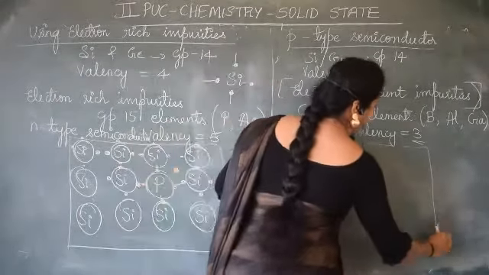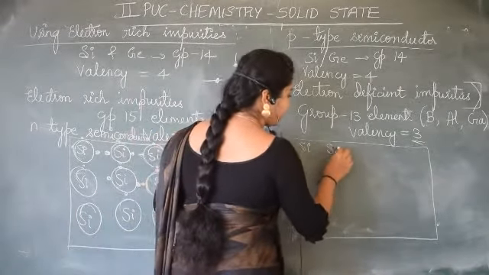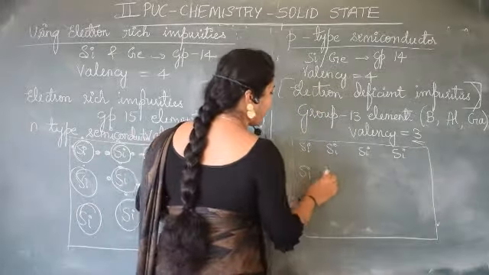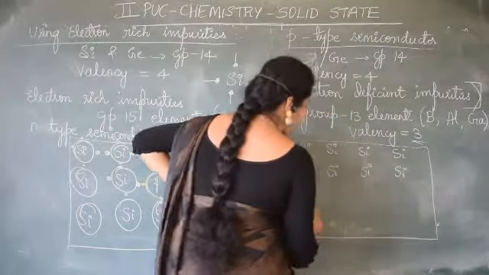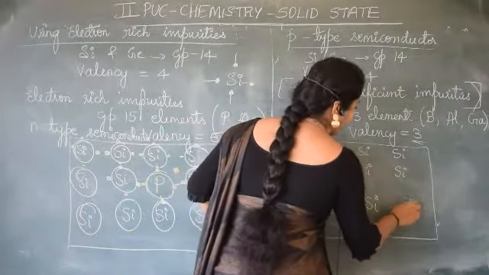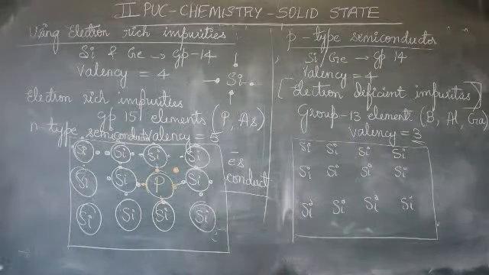Now in this solid, say these are all silicon, or you can take the example of germanium also, because the explanation is the same, since silicon and germanium have all 4 valence electrons. So how many valence electrons does silicon have? Silicon has 4 valence electrons.